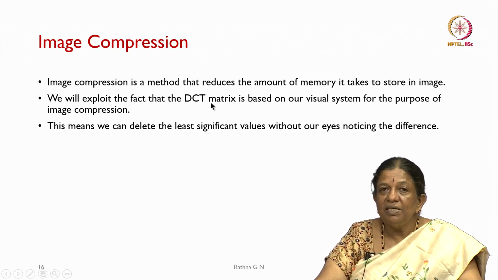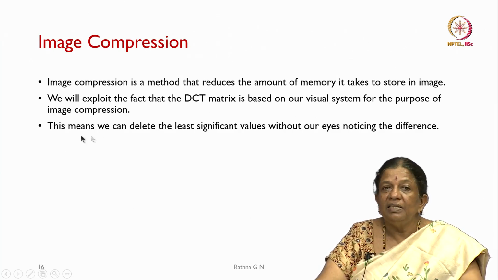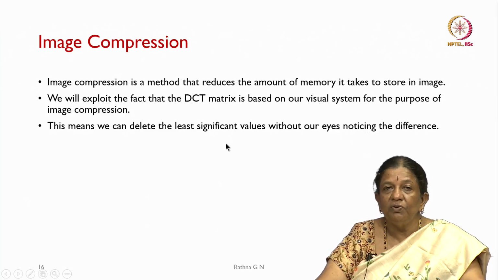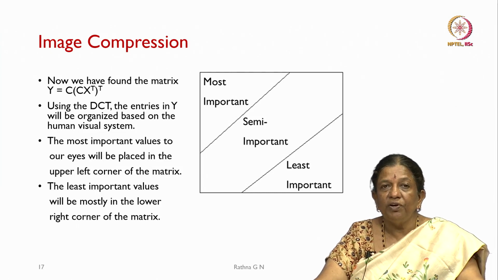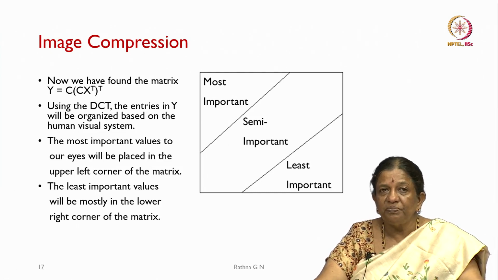The DCT matrix is based on our visual system for the purpose of image compression, and this means we can delete the least significant values without our eyes noticing the difference. There are different ways of doing the compression. The first one we have discussed, we will go through one more time.